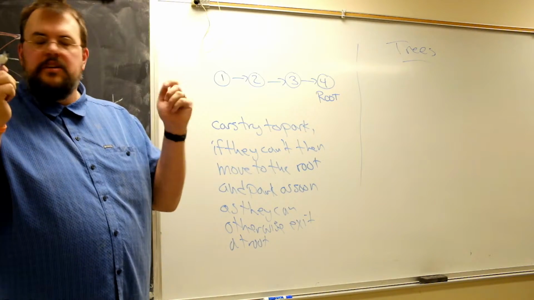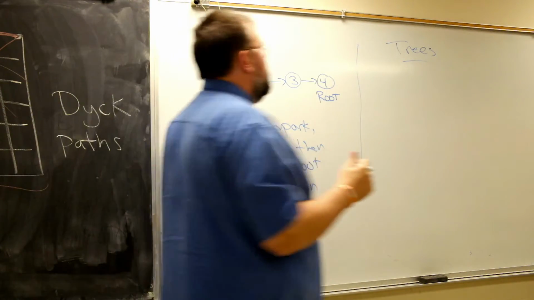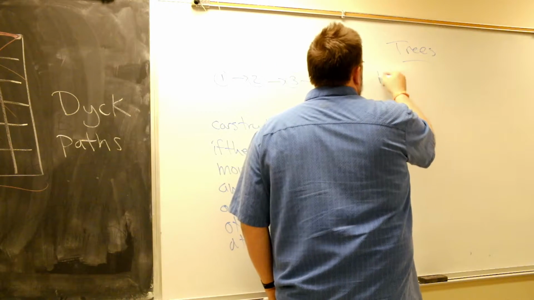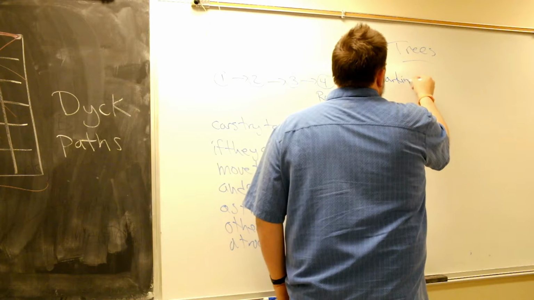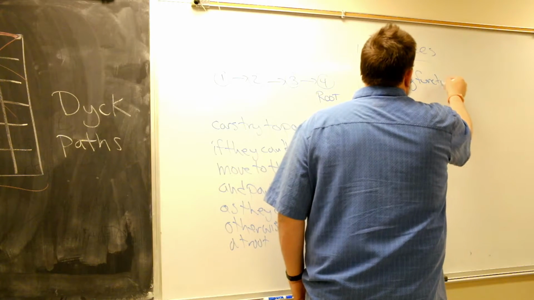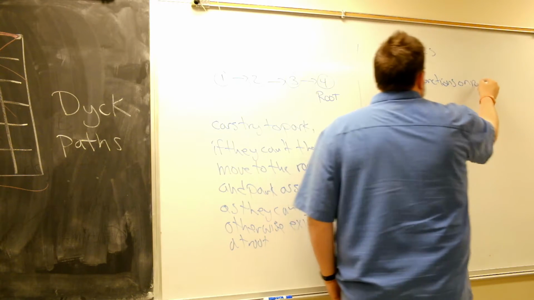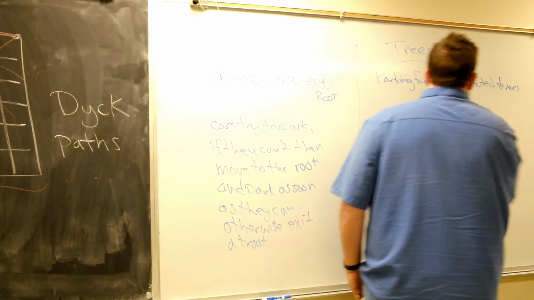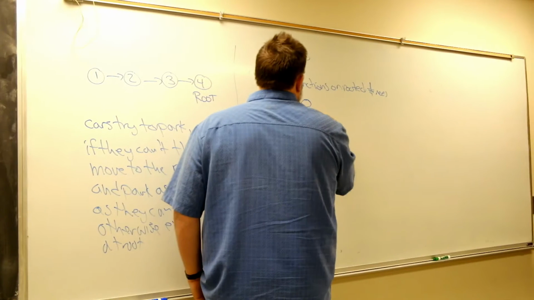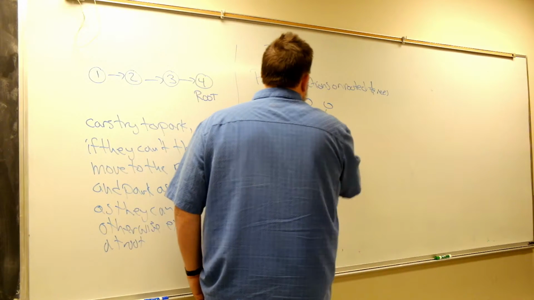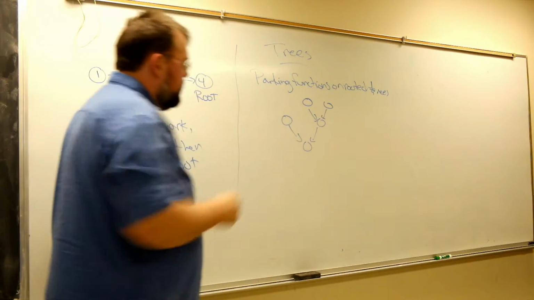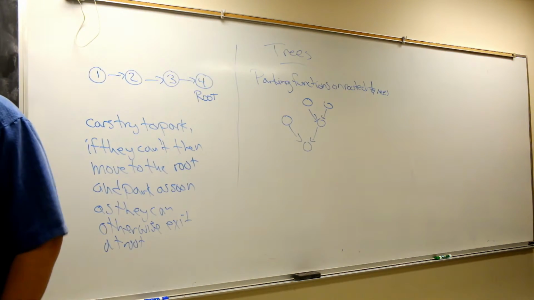I'm really interested in rooted trees, so I'm going to talk about parking functions on rooted trees. I might have some very complicated parking garage structure, such as that one right there.